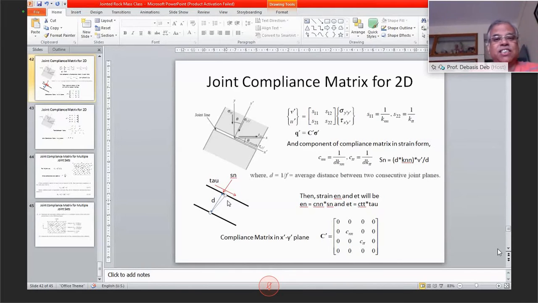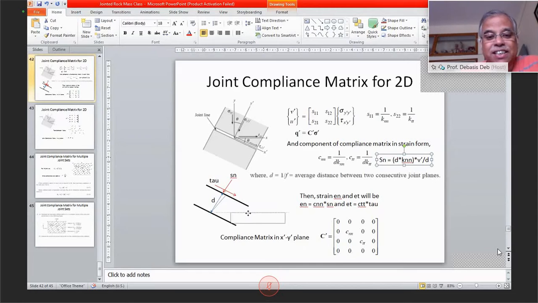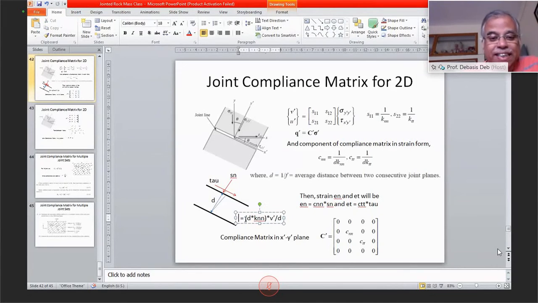So what is the shear strain then? You can write the shear strain. So I am relating again tau is equal to some Ktt into U dash. That was it.